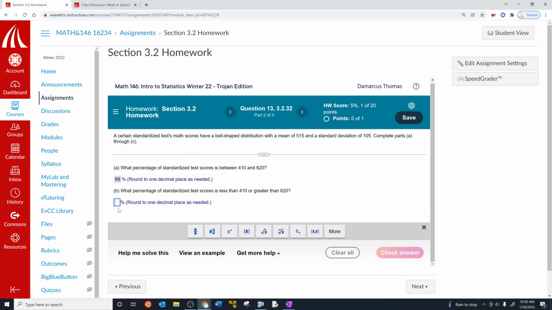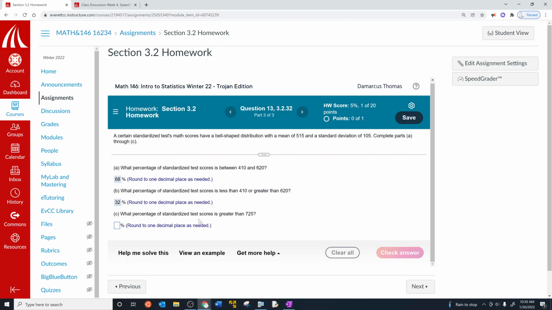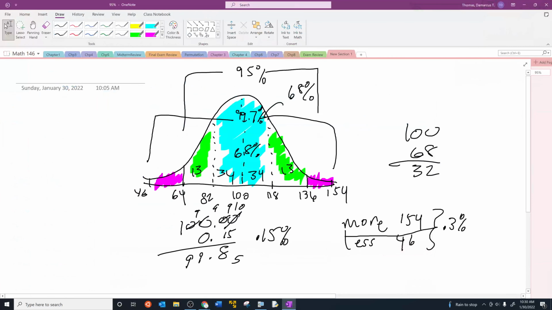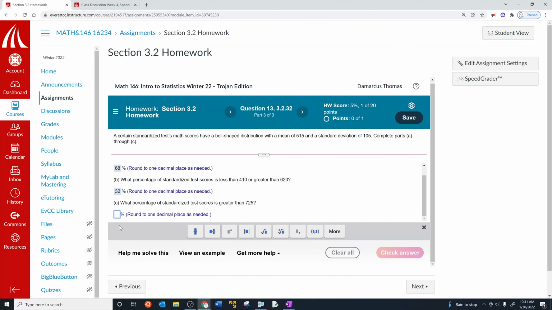Well, that would be 32. And then what percent of standardized test scores is greater than 725? Well, that's already 2 deviations above, we believe. So after 2 deviations, it's 95%, so 2.5%. Then we could just say 2.5.